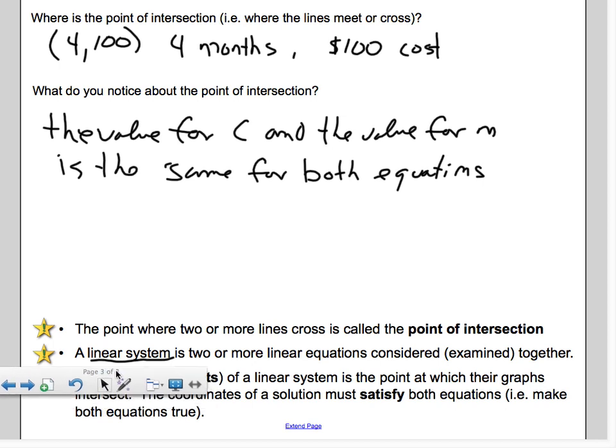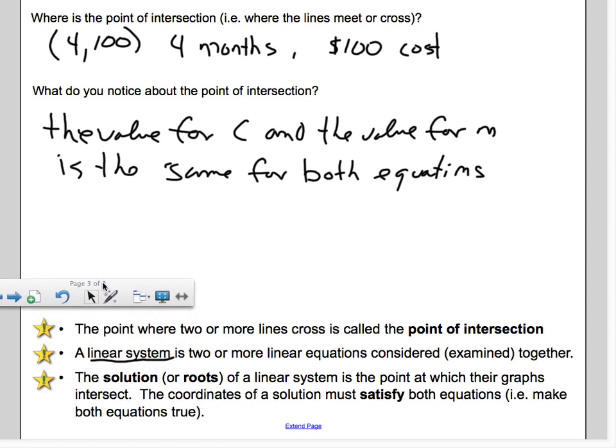Finally, the solution. So we're talking about solution now. Before we talked about a solution to an equation, now we're talking about a solution, a new term called roots as well. Roots, R-O-O-T-S, of the linear system is the point at which the graphs intersect.